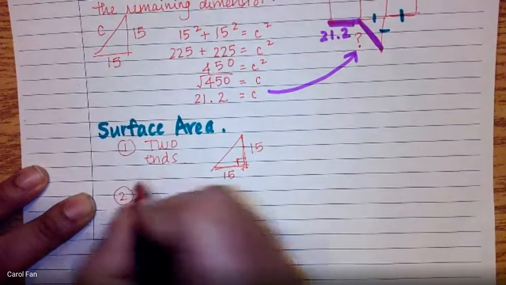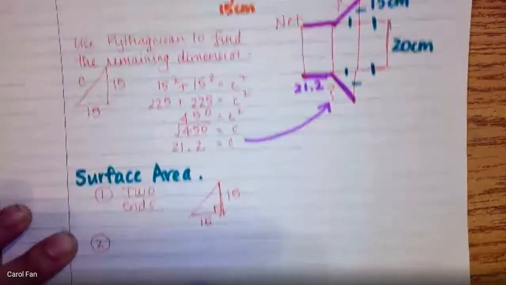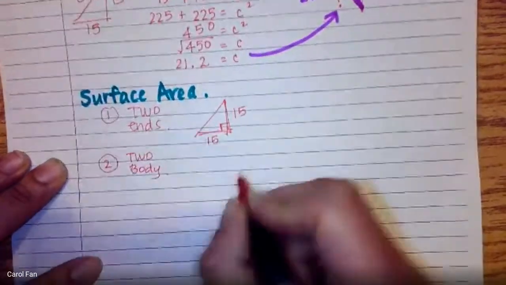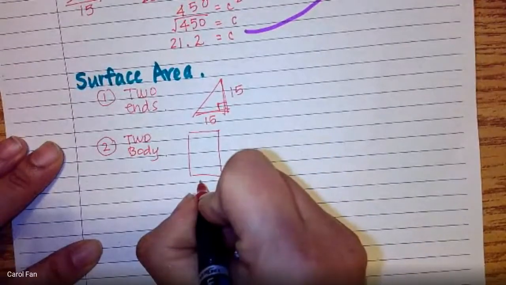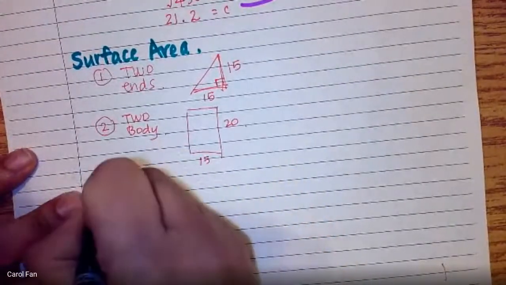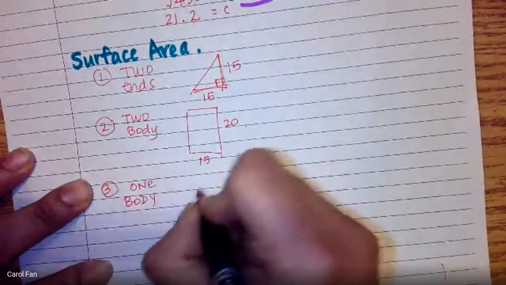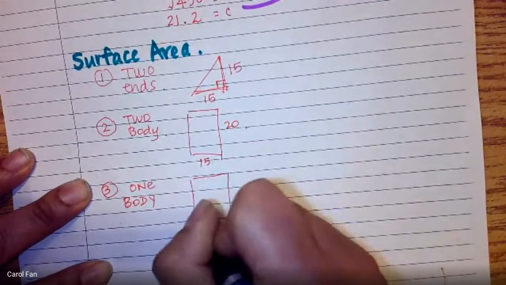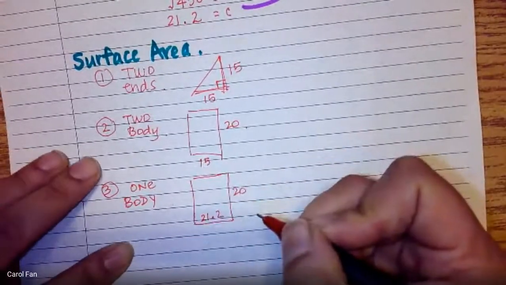I have two pieces, this one and this one, that are the same. Two body pieces that are 15 centimeters by 20. And I have one more body piece that is slightly larger at 21.2 by 20.